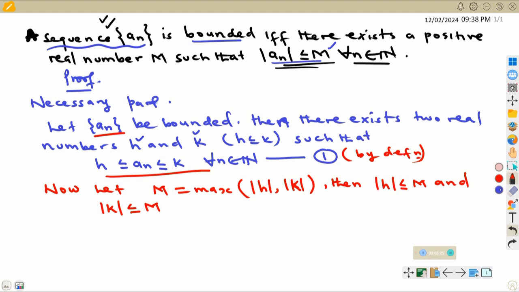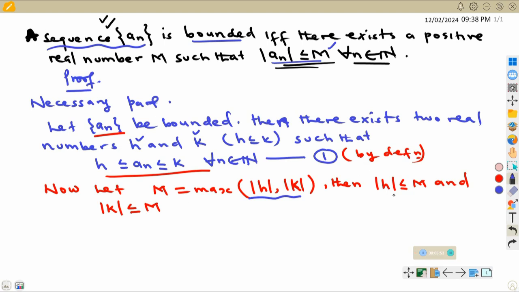Since m is the maximum of the magnitude of h and the magnitude of k, it means the magnitude of h will be less or equal to m. Remember, m is the maximum of this. And at the same time, the magnitude of k will be less or equal to m.